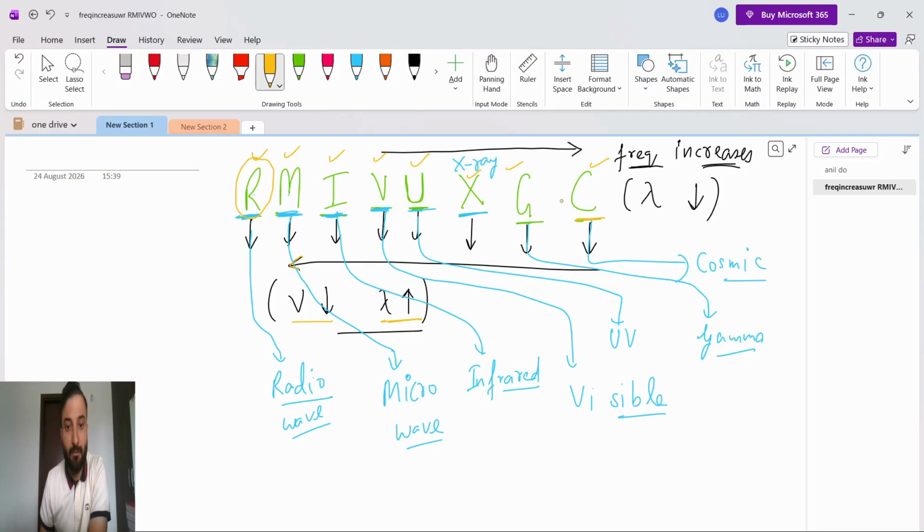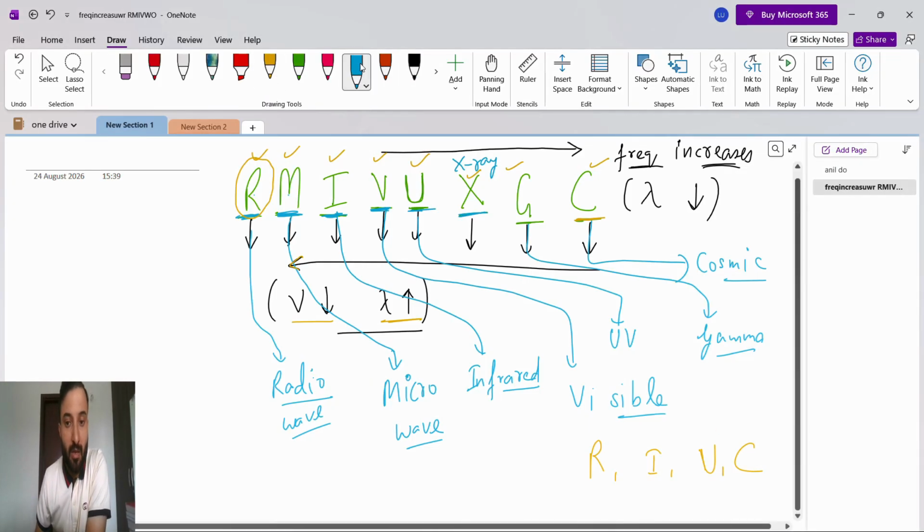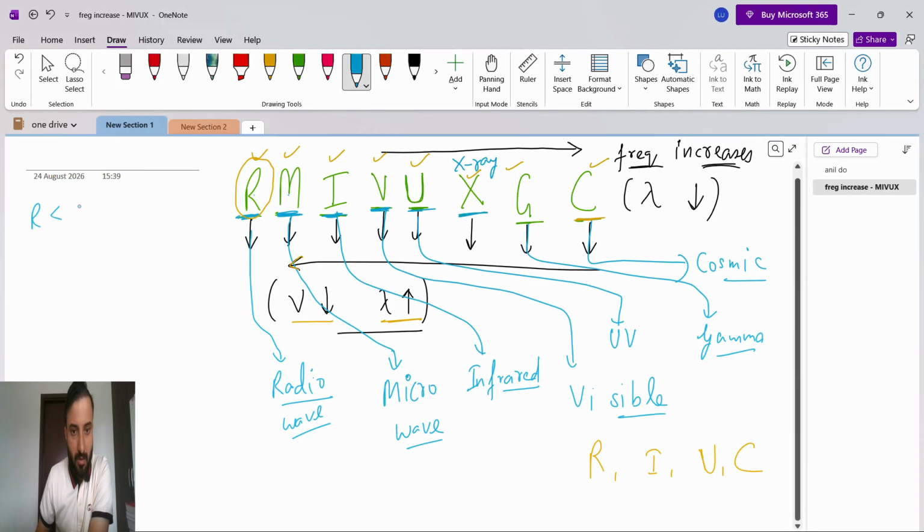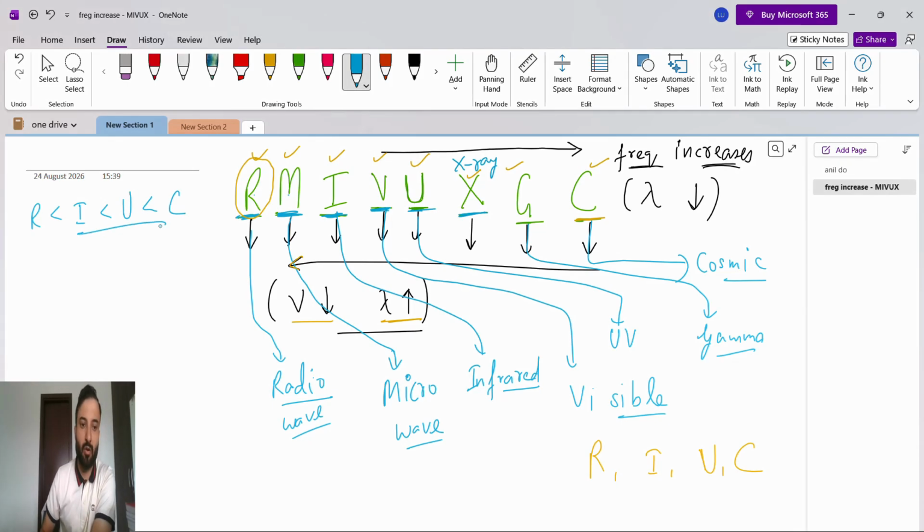Or suppose they give any four, like R, I, U, C, and ask you to arrange them in increasing frequency order. Increasing means small to big. So which is small? R, then I is greater than R, then U, then C. Like this they will tell you to arrange in increasing or decreasing frequency order, or increasing or decreasing wavelength order, or ask which has the highest frequency or the lowest frequency or highest wavelength.